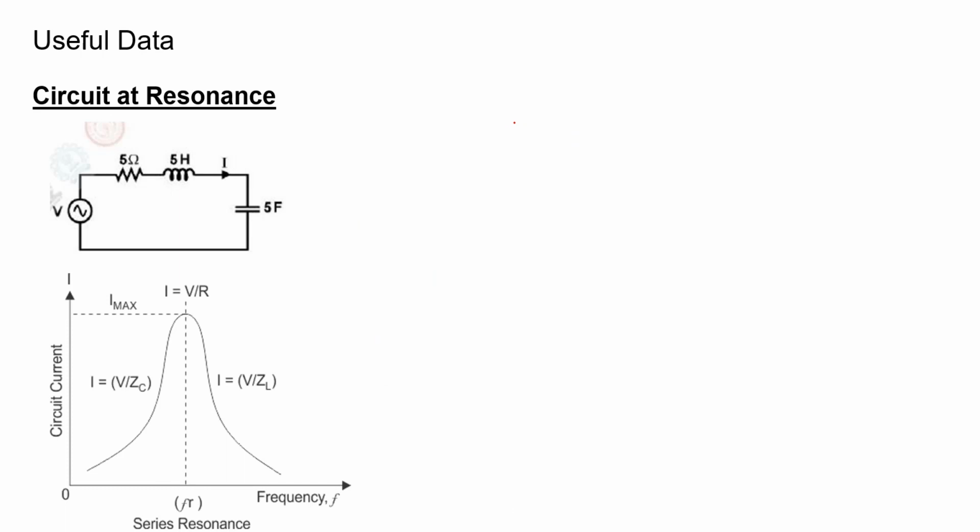When an RLC circuit or any circuit is at resonance, then the impedance of the circuit is equal to the resistance, or in other words, the reactive part vanishes. So this implies that the inductive reactance counteracts the capacitive reactance. So due to this, what happens?